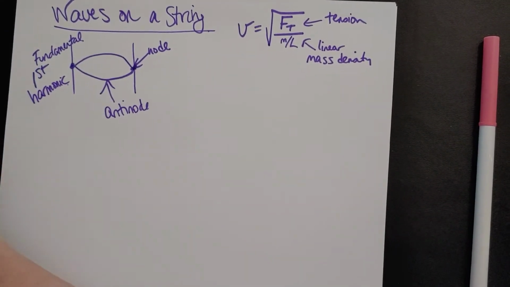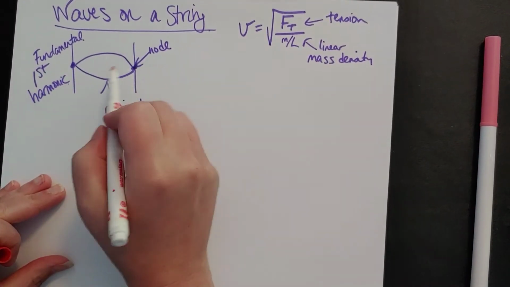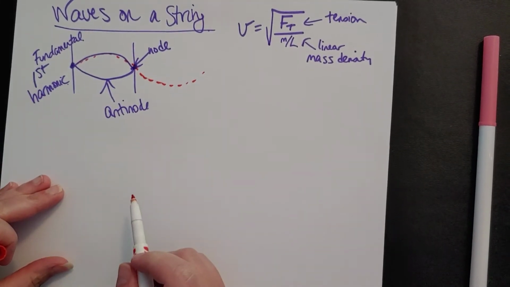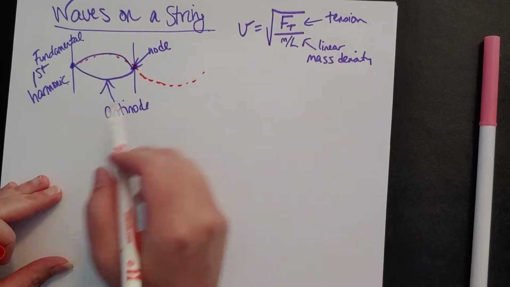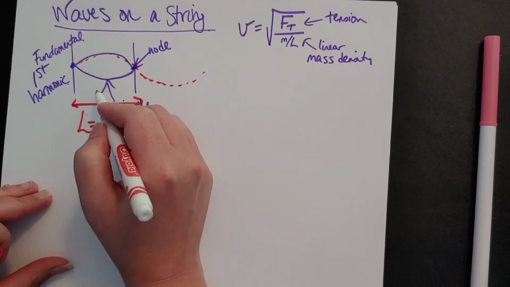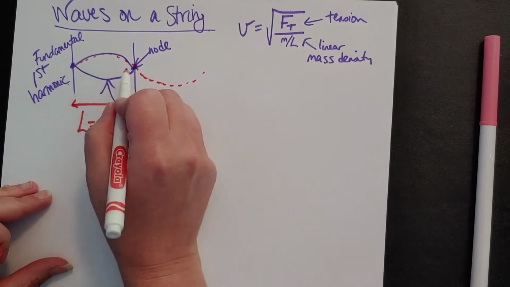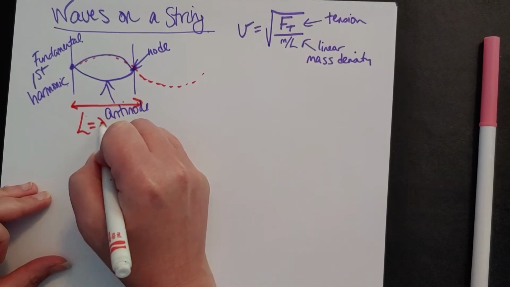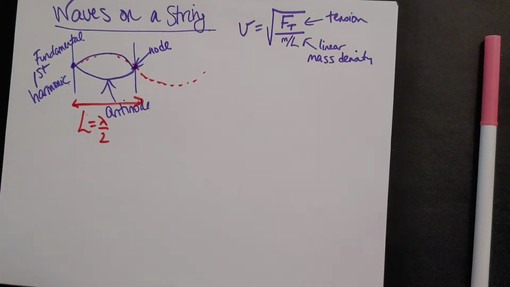And something you'll see is when you say, okay, how many wavelengths is that? You can imagine that's the rest of the wave, and then that whole thing would be a wavelength. So from that, you can see that the length of the string is equal to half a wavelength. All right.